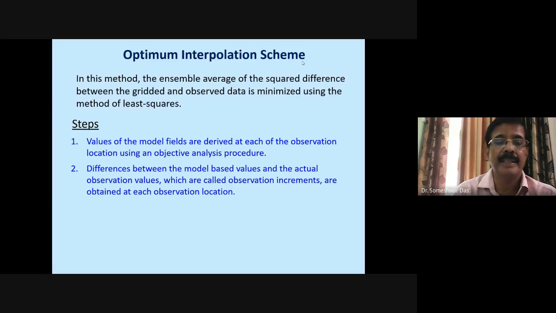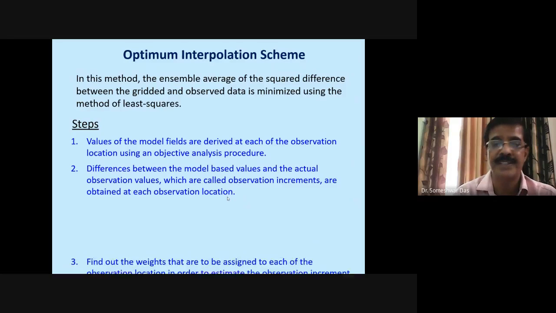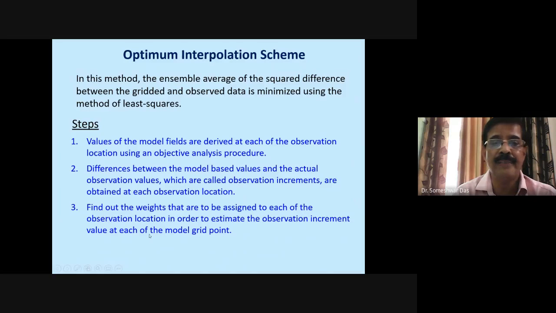Then the differences between the model-based values and the actual observation values, which are called observation increments, are obtained at each observation location. So at each observation location, we calculate the difference between the background value and the observation. Then we find the weights that are to be assigned to each observation location in order to estimate the observation increment value at each model grid point. So we calculate the weights.